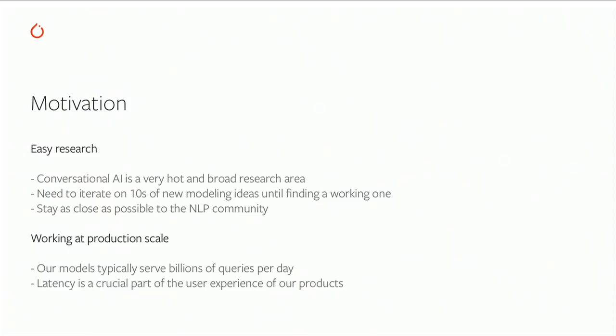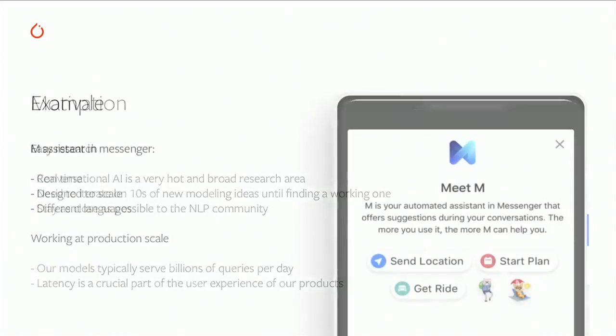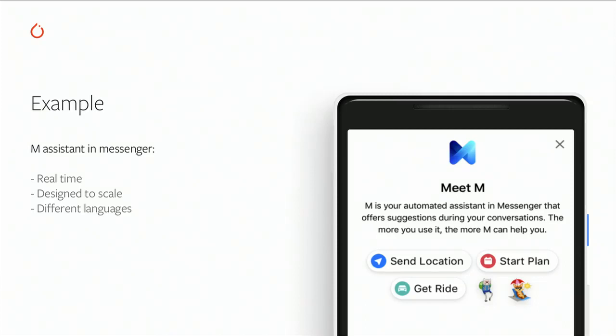But on the other side, we are working on products. These products have latency and scale requirements that we need to adhere to. An example of the products that we are working on supporting in PyText is the Messenger M Assistant. The goal of the M Assistant is to enable users to accomplish tasks faster by showing them suggestions in the conversations.